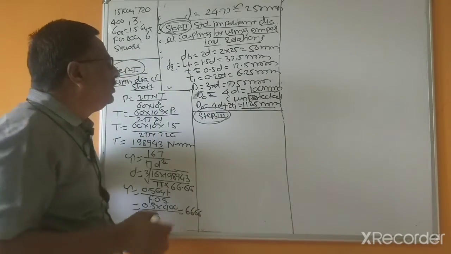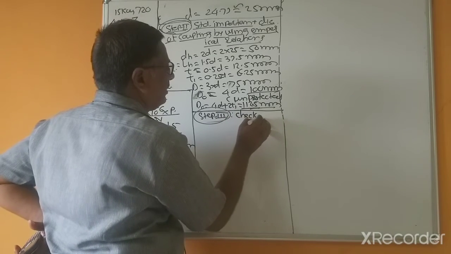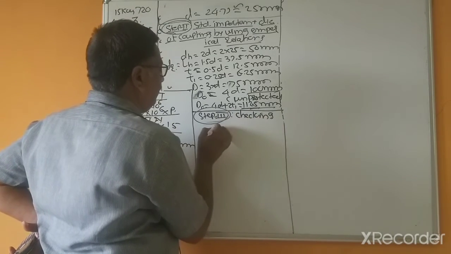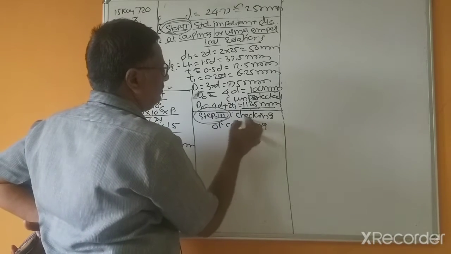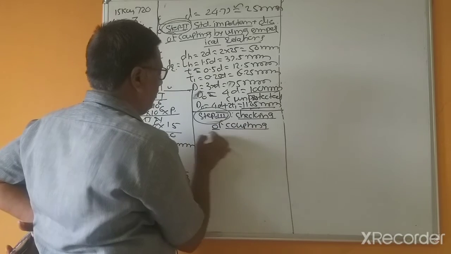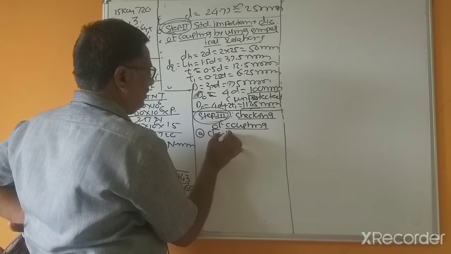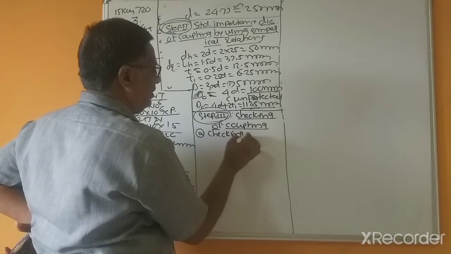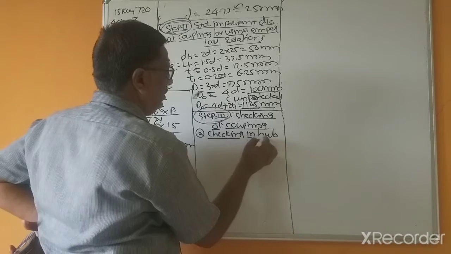What is step 3? Checking of coupling. First, checking in hub.